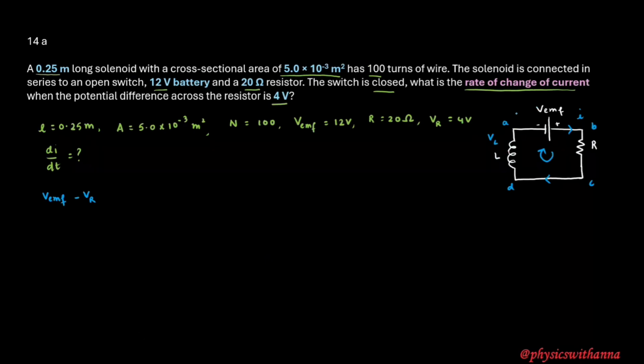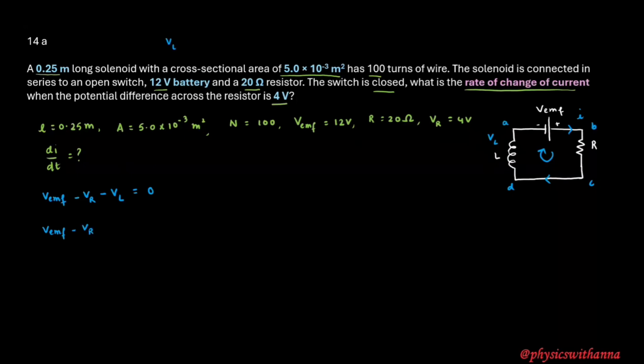And one way to reduce the power of the battery is to induce an EMF which is opposing the battery. So potential drop V_L across the inductor we will take as minus V_L, and all of this will be equal to 0. So we write this as V_EMF minus V_R.